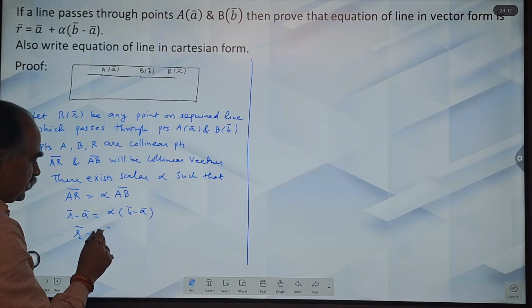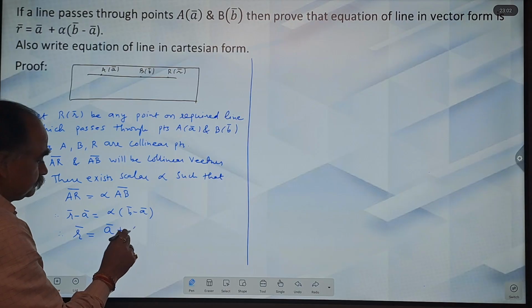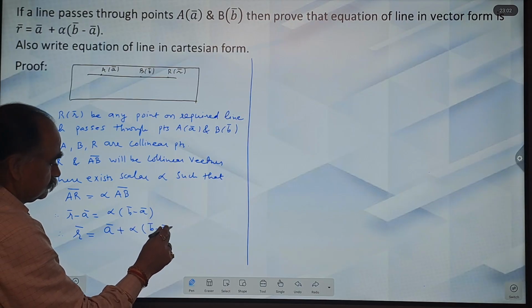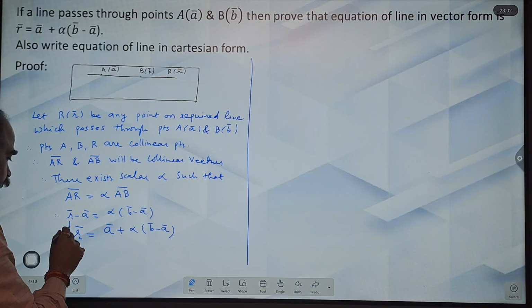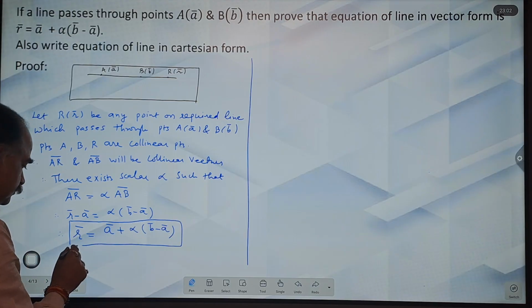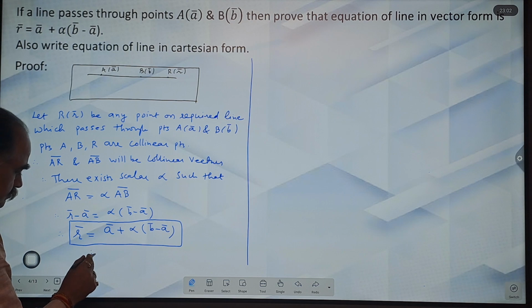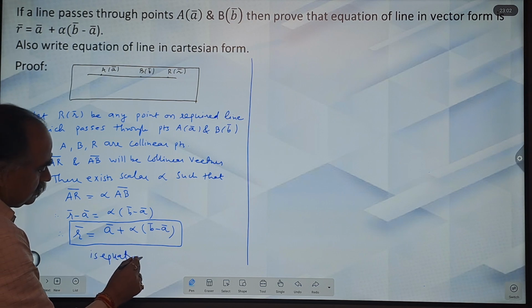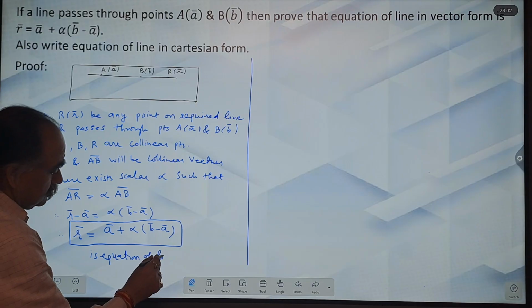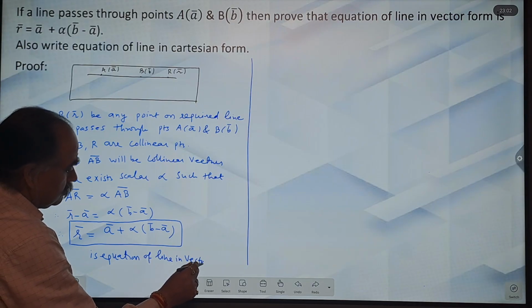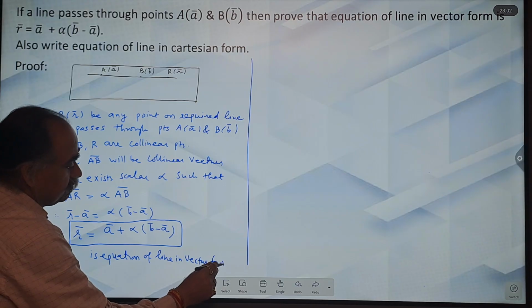So R bar is what? A bar plus alpha times B bar minus A bar is equation of line in vector form.